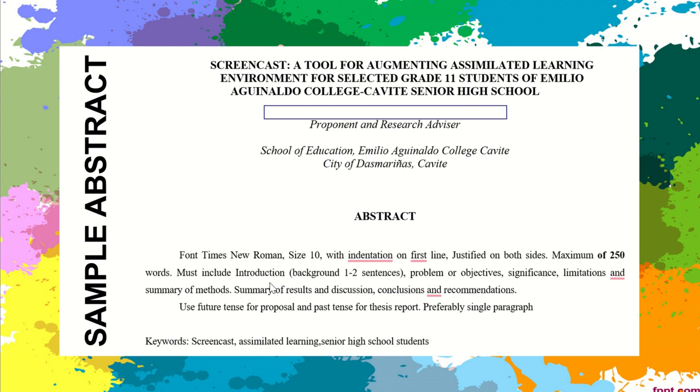So again, yung inclusion na abstract, introduction, the problem or the objectives, short significance lang, limitations, and summary of methods. Tapos, a very short summary of results and discussion, conclusions, and recommendations. So, usually naka-past tense to since ginagawa natin to after you are done with your presentation. Okay, after you have revised your paper. So, keywords, isip ka lang ng 5 keywords that can be associated to your study.